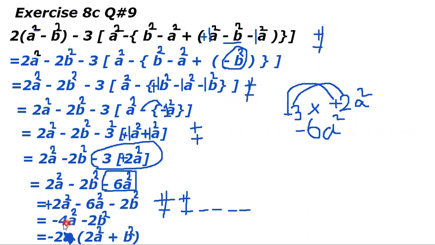Okay students, I want to tell you here that negative 4a square and negative 2b square are unlike terms. We cannot add or subtract these two terms because they are unlike. We will introduce parentheses in order to make our answer more understandable, more meaningful.